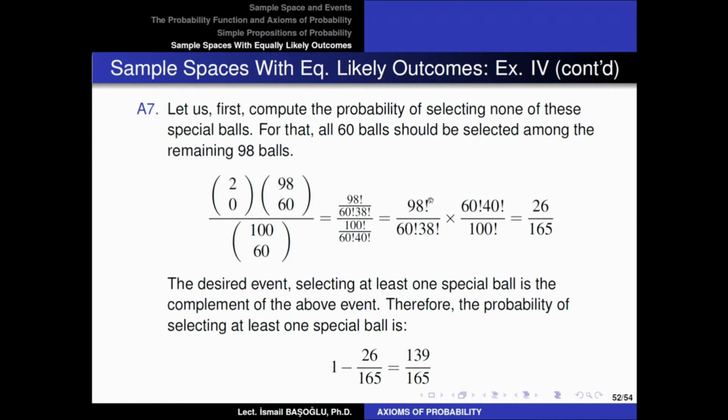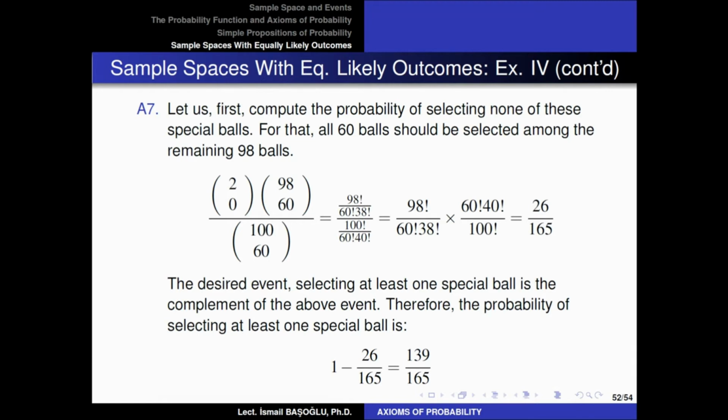For example, if you have 98 factorial here and 100 factorial here, you will get 100 times 99 in the denominator, and the remaining values will be cancelled out. Similarly, 40 factorial and 38 factorial, and that 40 and 39 will remain in the numerator. As a result, after these cancelling operations, you would simply get 26 over 165 as the probability of selecting no spatial balls.